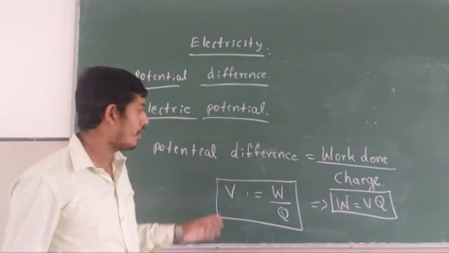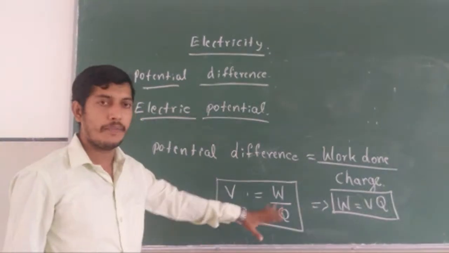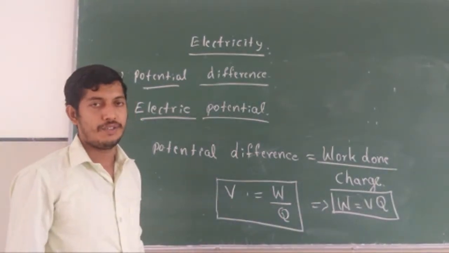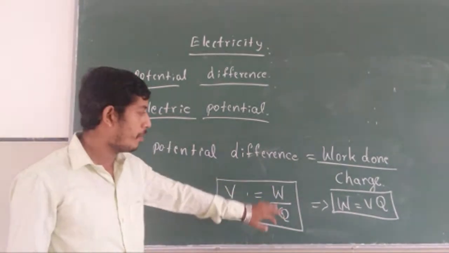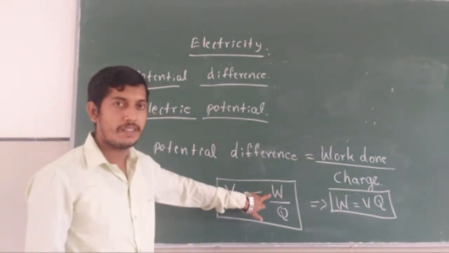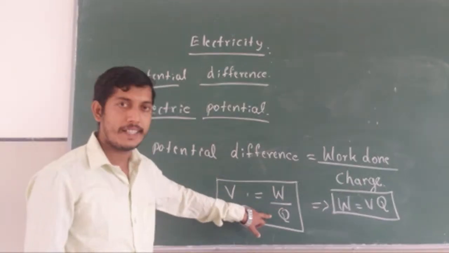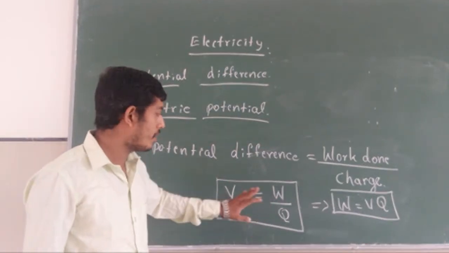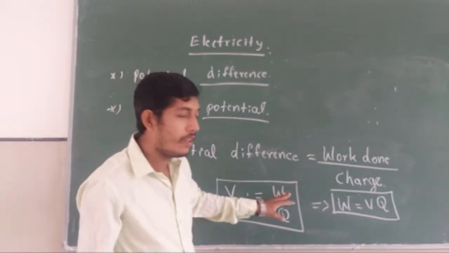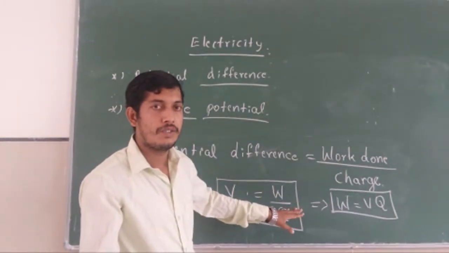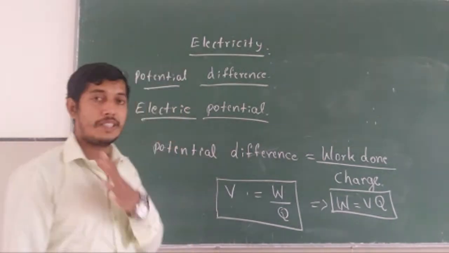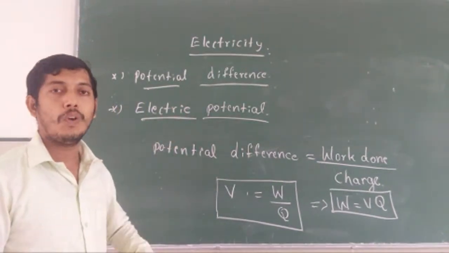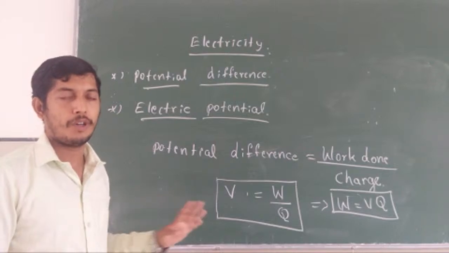The potential difference equals work done divided by charge, that is joule per coulomb, because the SI unit of work done is joule and the SI unit of charge is coulomb. Therefore, volt equals joule per coulomb.